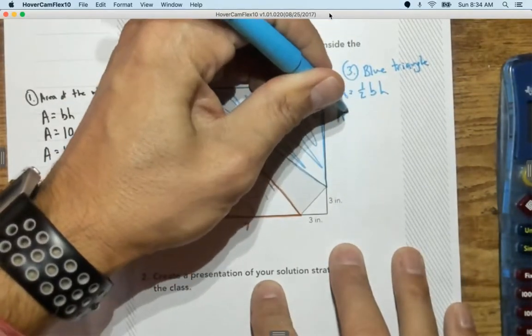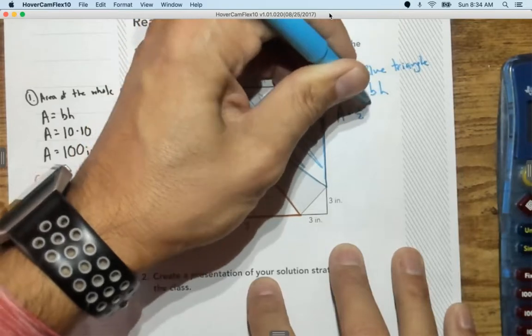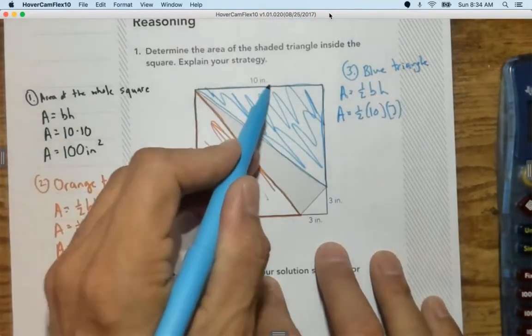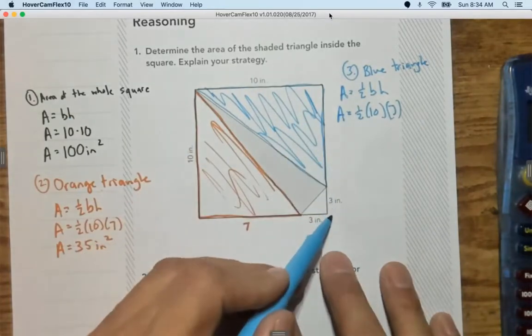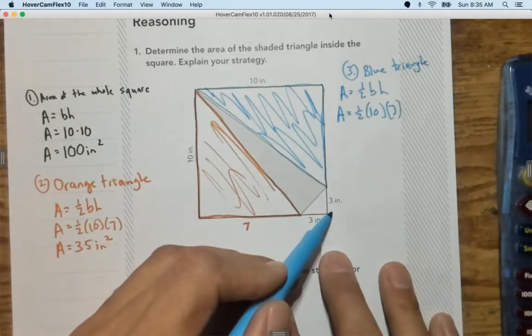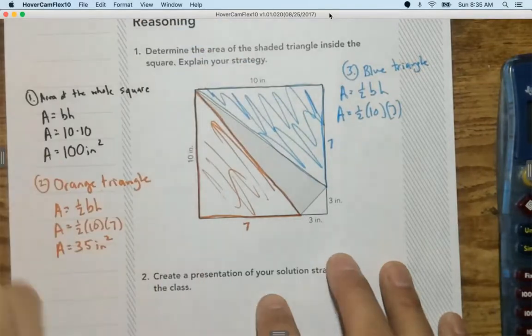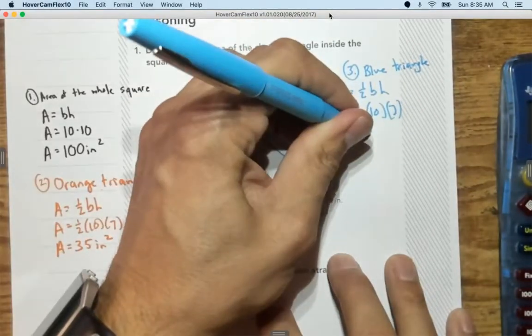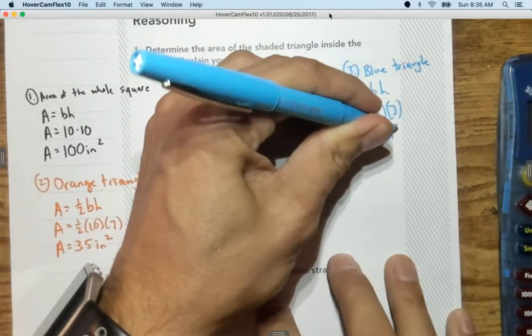And then it's going to be 1/2 of 10 times 7, and show that again. It's a square, so this whole thing's 10, but this bottom part's 3. 10 minus 3 is going to give us 7 right there. Then it's going to be 35 inches squared, just like the last one. So it is congruent to the last one.